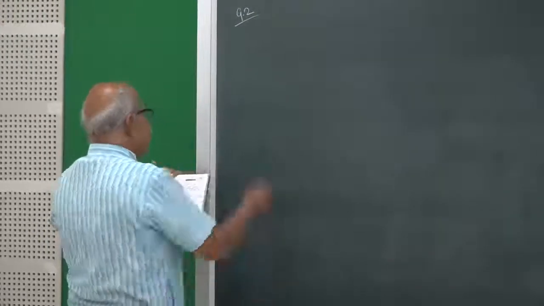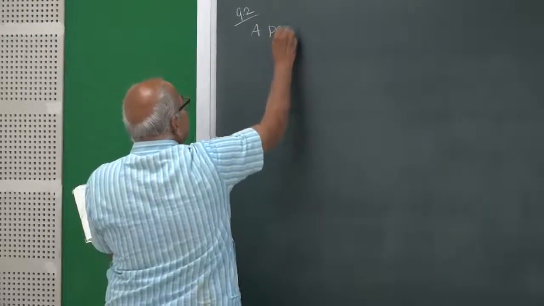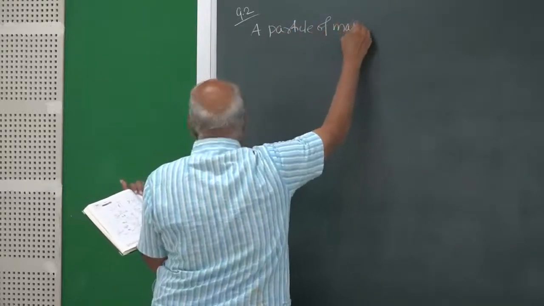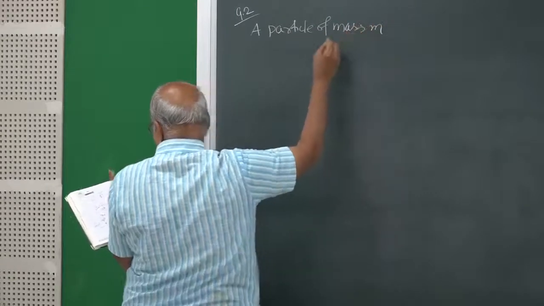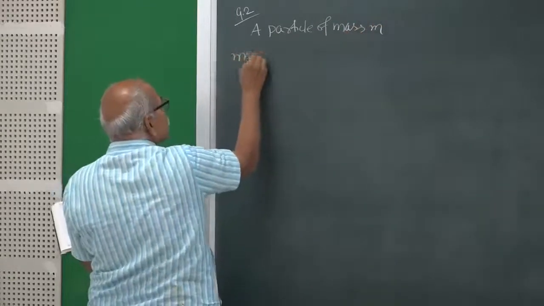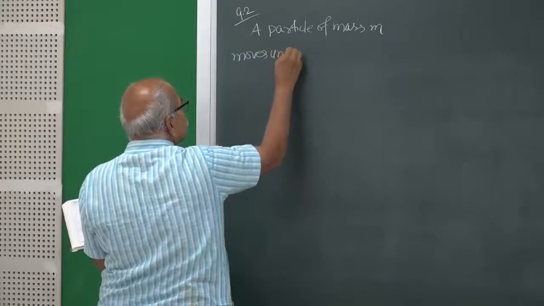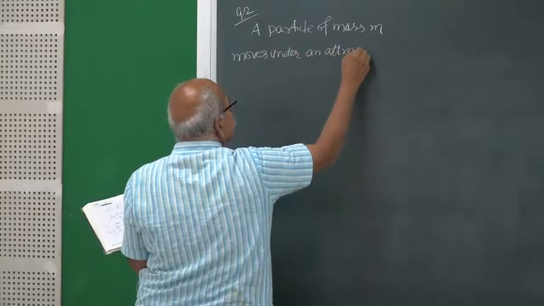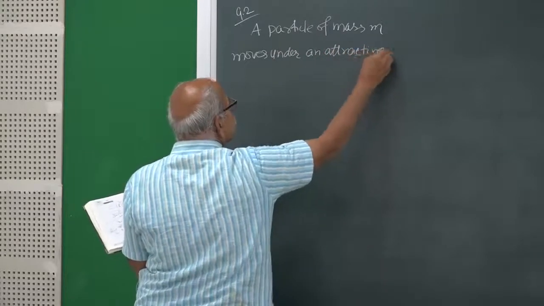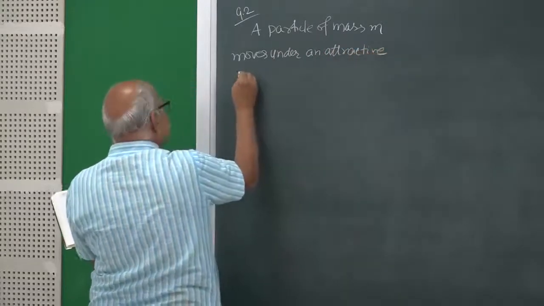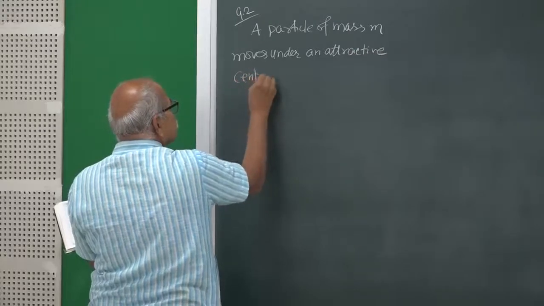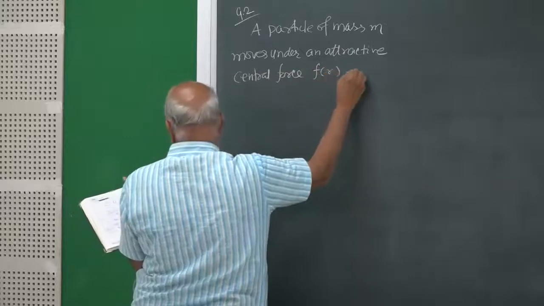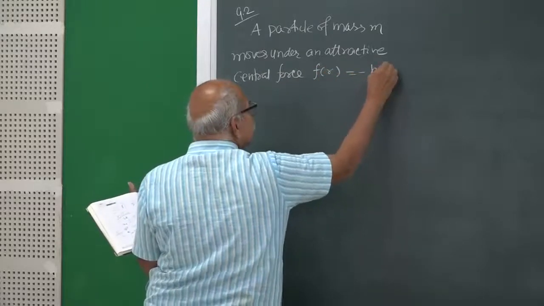A particle of mass m moves under an attractive central force F of r is equal to minus k r cube.